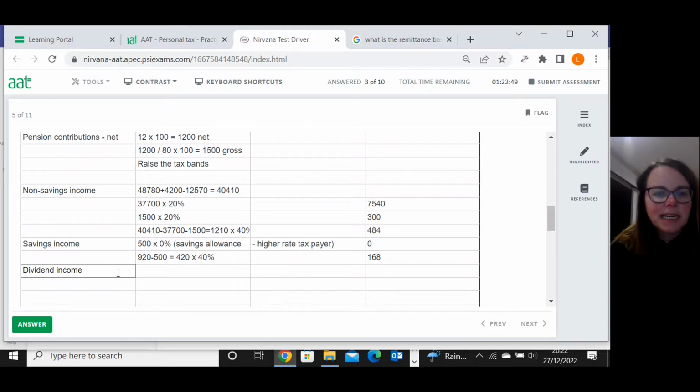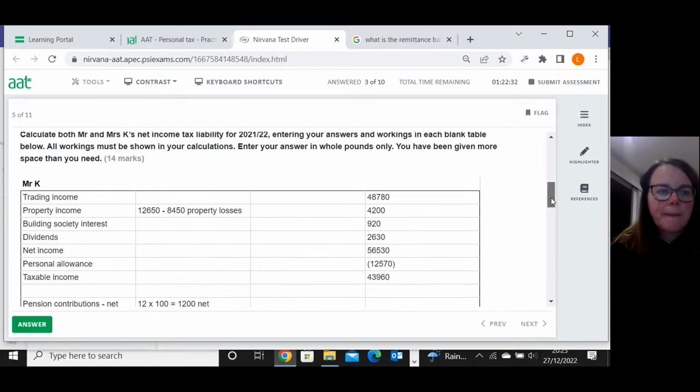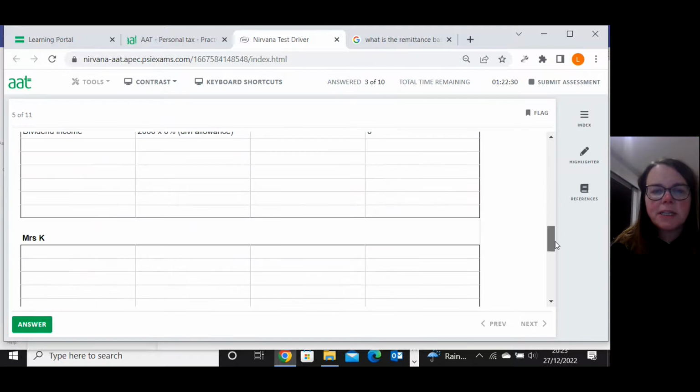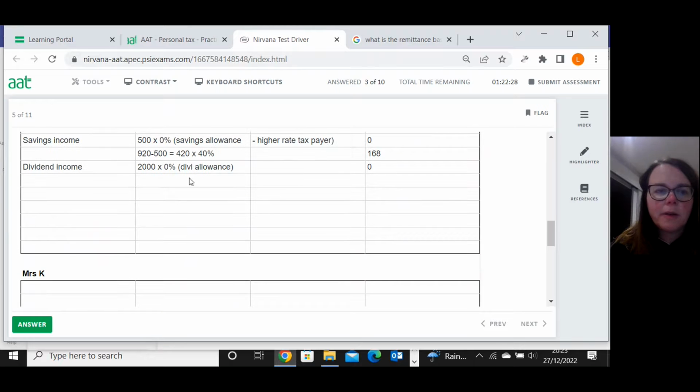We've then got our dividend income, where we know the first 2,000 is at 0. So that will be 0. And then that leaves us with, so we have 2,630 to do.